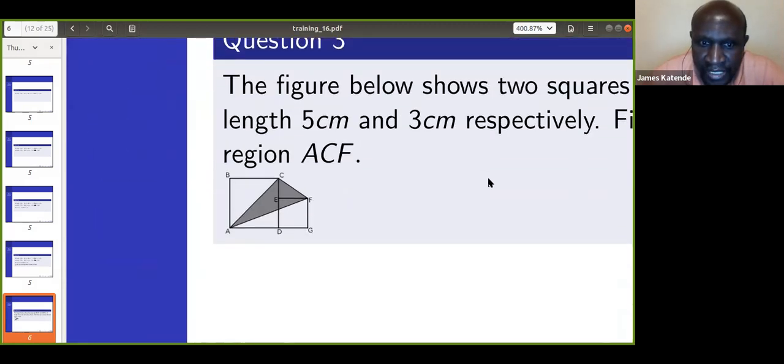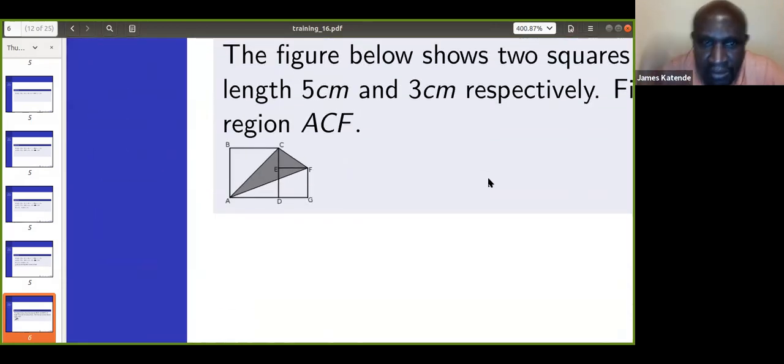So this should be better now, the diagram, clearer. So the square, the big one, has side 5 centimeters, and this small square has side 3 centimeters. We just need to find the area of this shaded triangle, ACF.